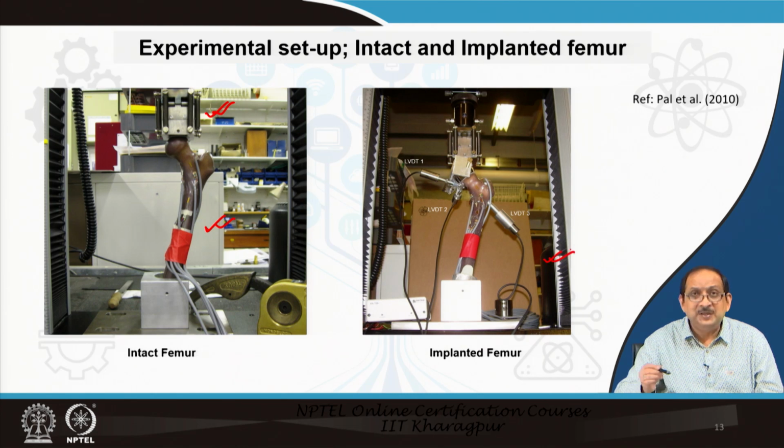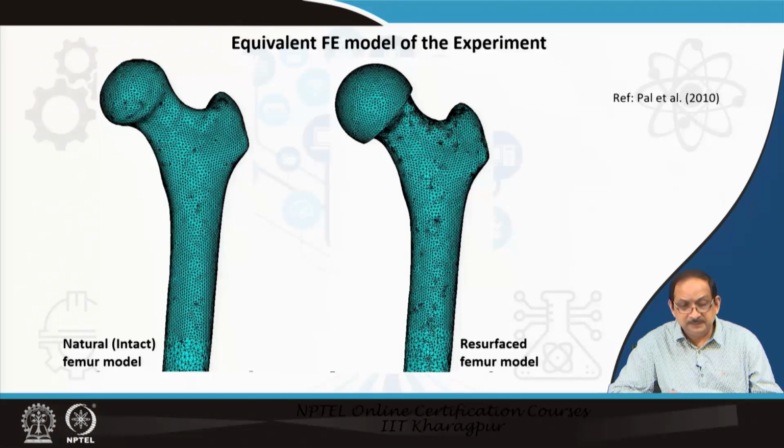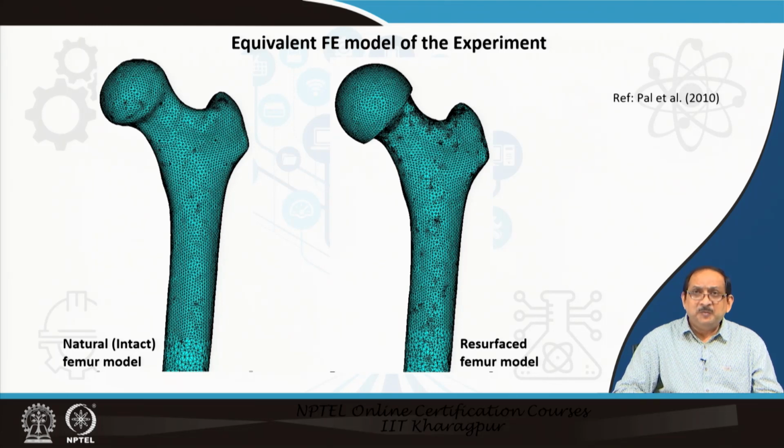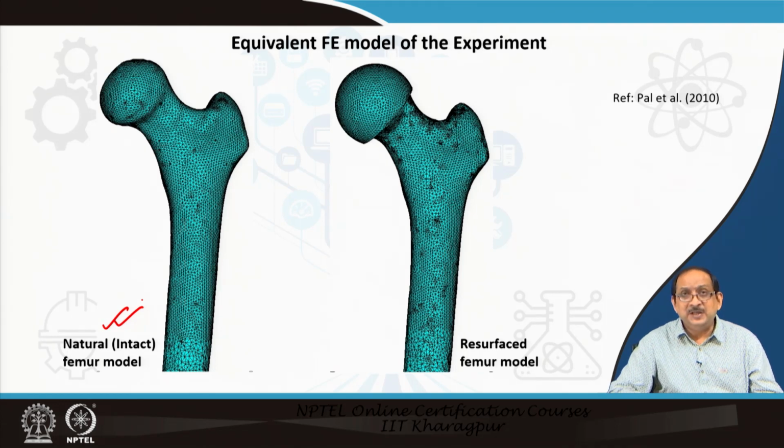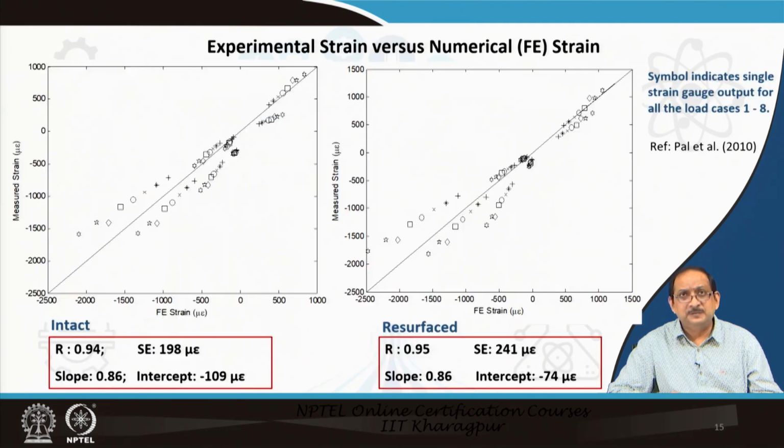On the right, we have the implanted femur, and this is also held in a similar way with the load application mechanism on the top. After performing the experiment, we developed the finite element models of the intact femur and the resurfaced femur. This is the equivalent finite element model of the experiment.